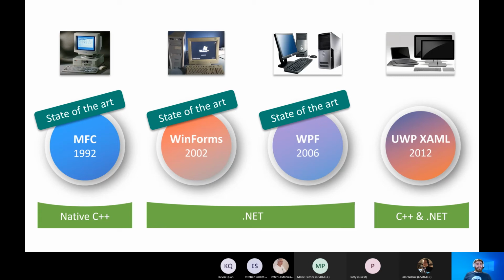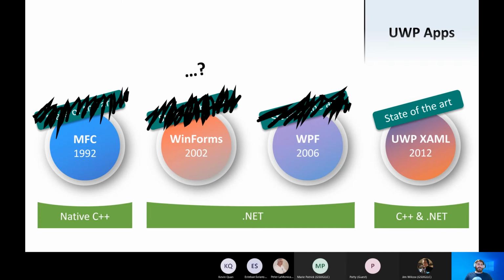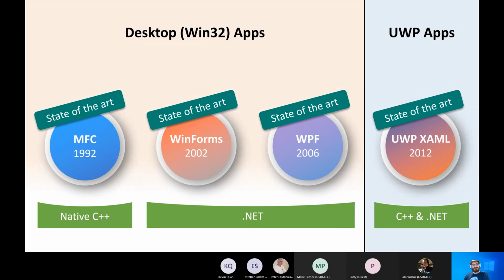Okay, now that solved everything. Now we have everything running. We have only one state-of-the-art framework. No, now we had a fourth framework, because even though it had the latest graphical engine, embodied the Fluent system, and much better support for touch and new devices and form factors, it was still splitting the whole world into these two different paradigms called UWP apps and desktop Win32 apps.